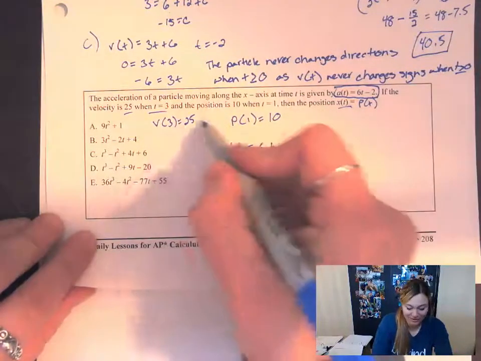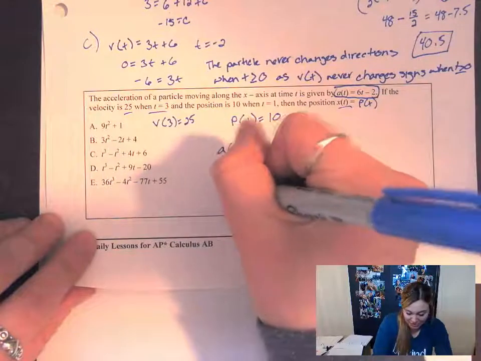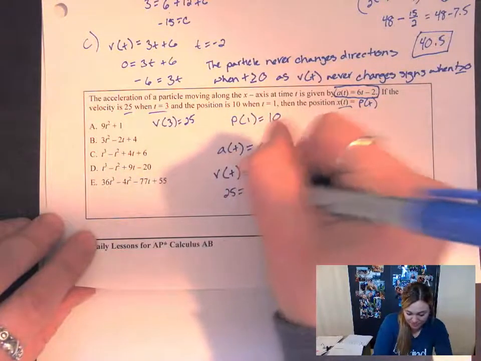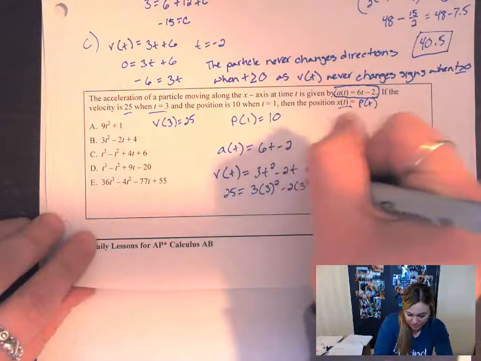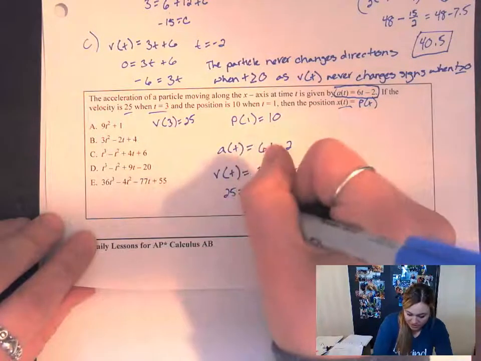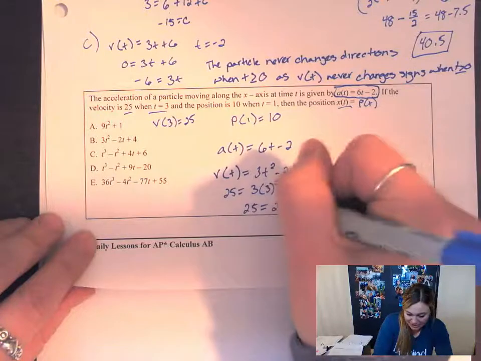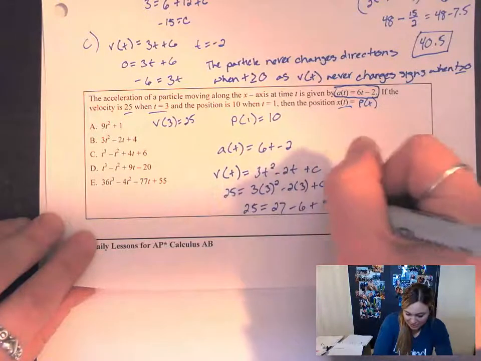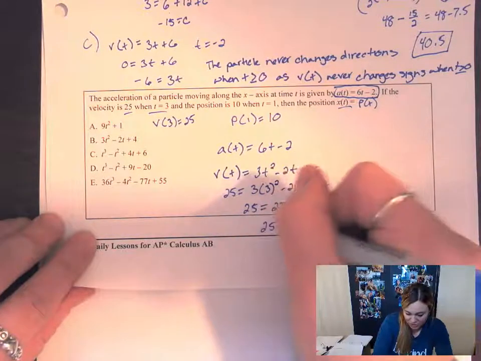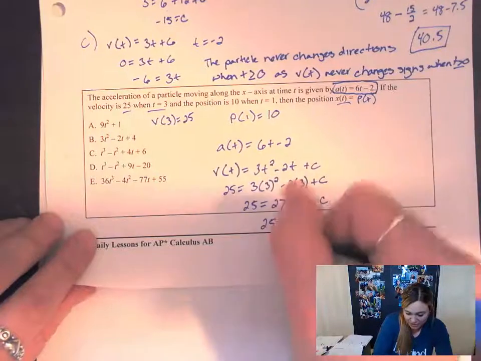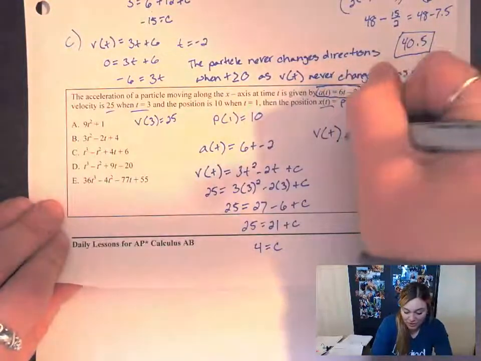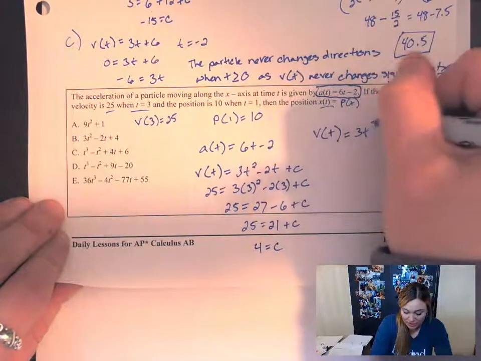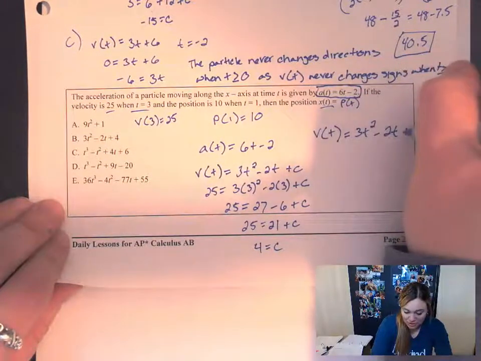And I know the velocity at 3 is 25. This would be 27 minus 6. 25 is equal to 21 plus c. So 4 would have to be equal to c, but remember, that's only for velocity. So we're not quite there yet. I've got 3t squared minus 2t plus 4.